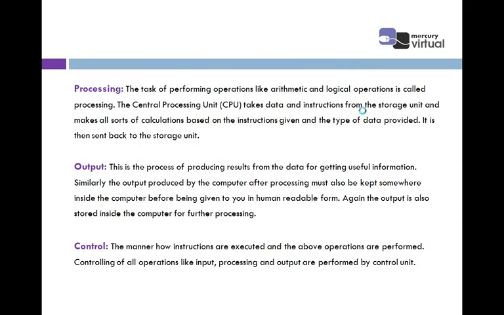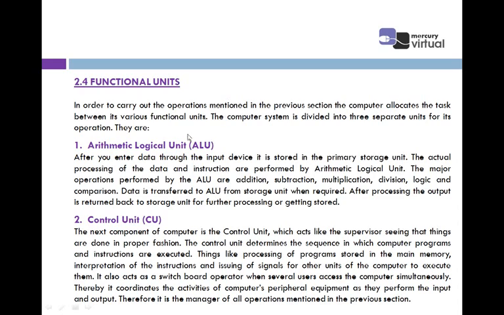Now let's see another slide. These are the functional units, that is ALU and CU, in detail. In order to carry out the operations mentioned in the previous section, the computer allocates the task between its various functional units.